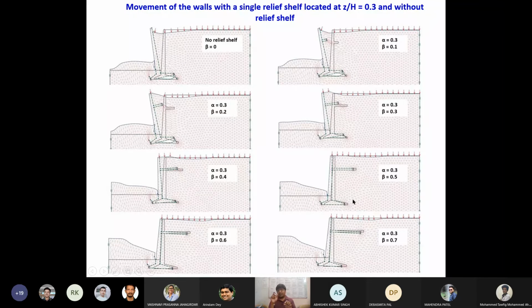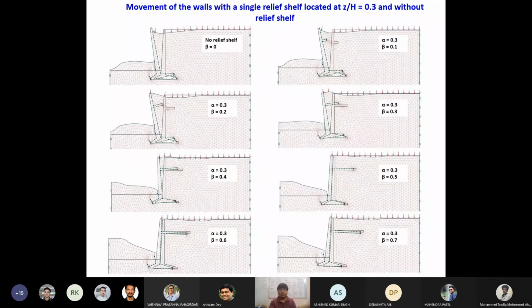That means this width is just sufficient so that the wall does not rotate. This gives you a condition where the moments have been equilibrated and only the lateral force is working, which moves the wall in a sliding position. And once I keep increasing the width of the relief shelf, I noted that the wall has a tendency to move into the backfill.